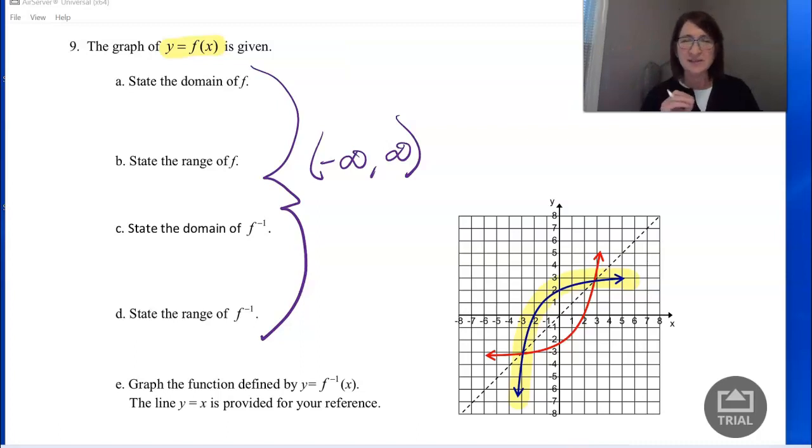What really is kind of unique when you look at inverses is, see this dotted line here. This dotted line is the line y equals x. It always goes right through the origin, and it cuts quadrant 1 and quadrant 3 in half.